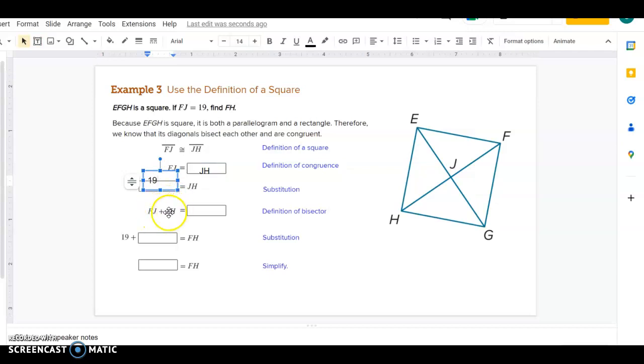Because both of those equal each other, FJ plus JH, so we would have 19 plus 19. So 19 plus 19 gives me 38.